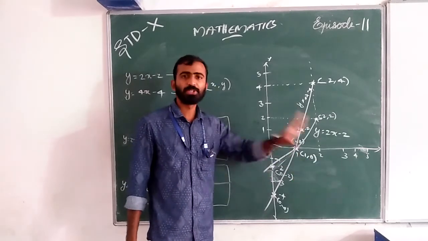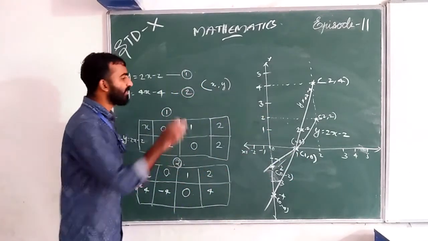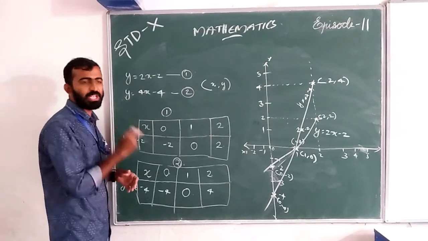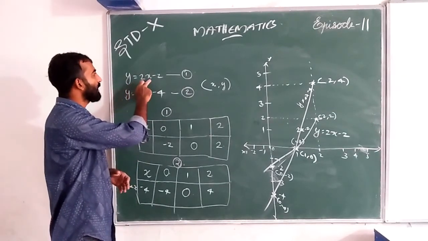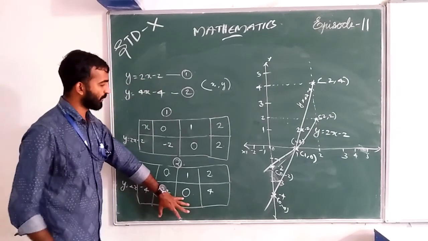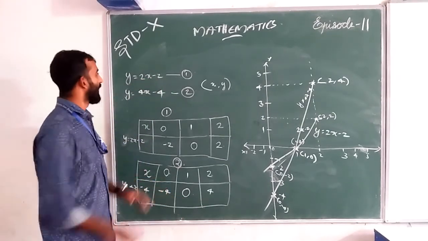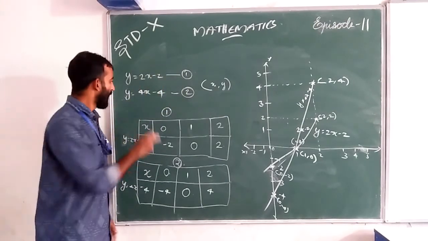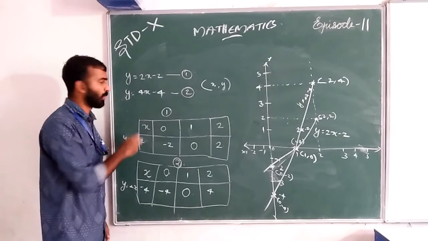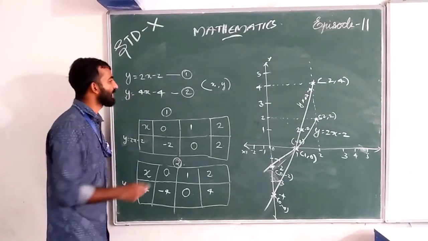When we give the values here, we can check. When x is 1, 2 into 1 minus 2, we get 0. Equation number 1 is satisfied by that value, and also equation number 2, y equal to 4x minus 4.